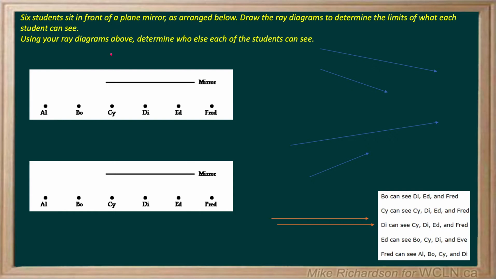So the images of each person, I'm just going to eyeball them, would be like this. There's the image of Cy. And then right above would be the image of Di. And the idea is that that distance and that distance are the same. Right above Ed is Ed. Right above Fred. And I've got a couple more down here.